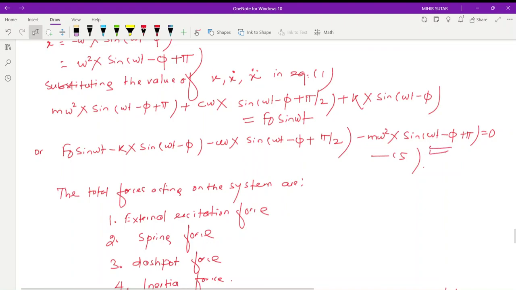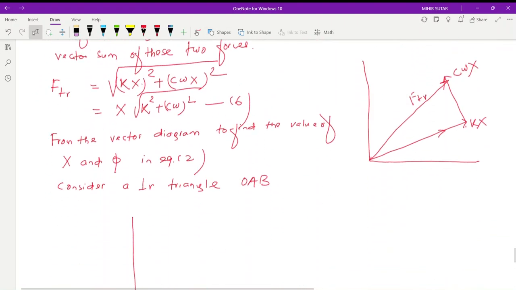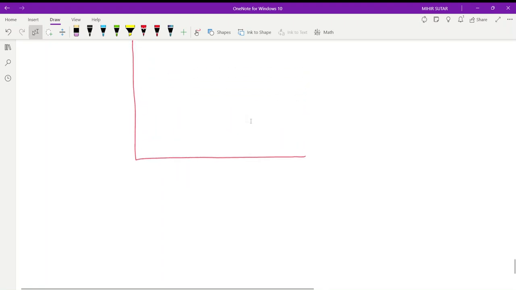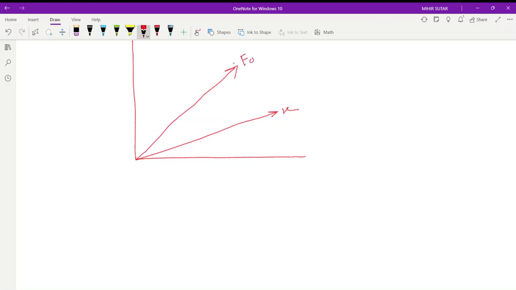Okay, equation 5, if you represent graphically, you can represent this as we have the displacement x lags behind the force F0 through an angle phi, and this is omega t.